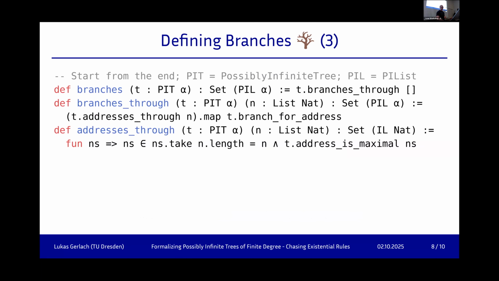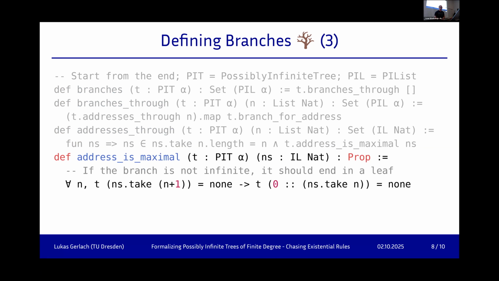So we want to adjust our definition a little bit and say that the address that we're considering should be maximal, right? And how we do this formally is we say that the address, the infinite list of naturals, is maximal if the branch is not infinite. So if there is a none occurring somewhere, then on the same level, the first child of the parent node should also be none.